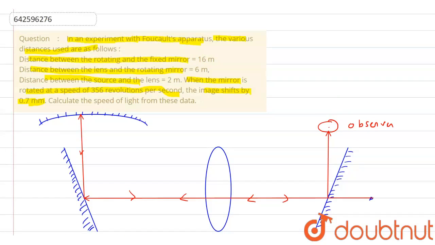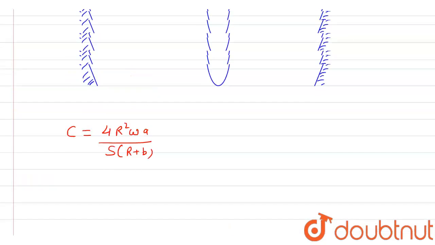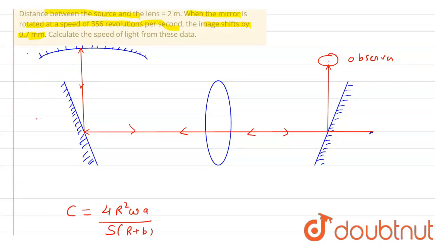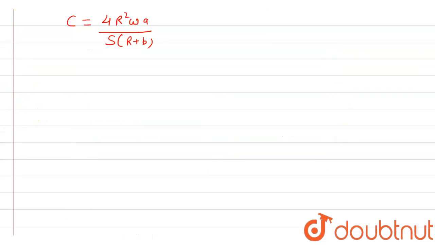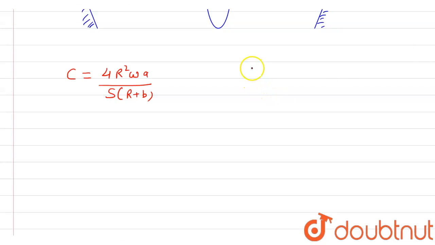In the first line, it says that the distance between the fixed mirror and the rotating mirror is 16 meter. So they are talking about this rotating mirror and this fixed mirror. This distance is given here as 16 meter, and this is represented by R. So R is equal to 16 meter.